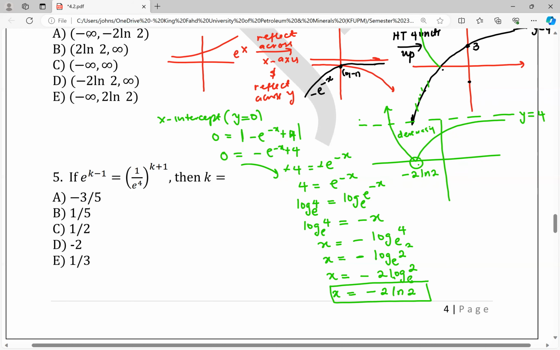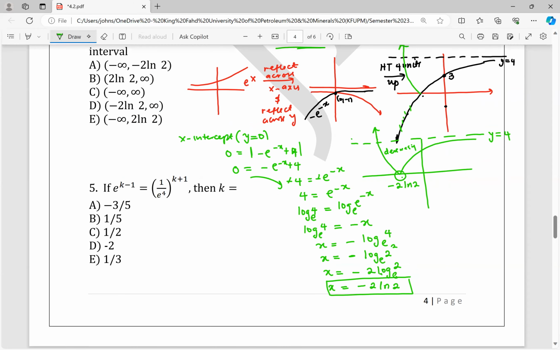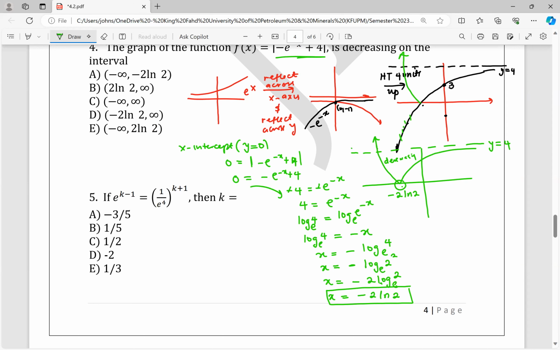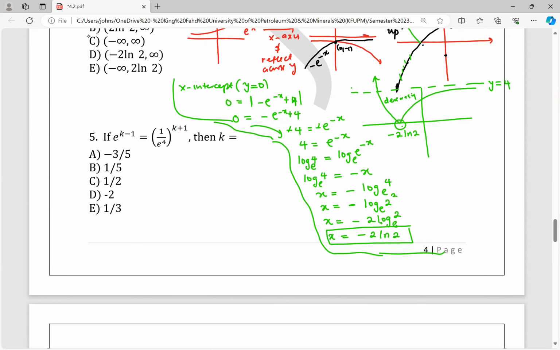If we are looking for where the function is decreasing, it is going to be from minus infinity to this point. So A is the right answer. Here we've used logarithm, so you can check my next video for more about logarithm here.